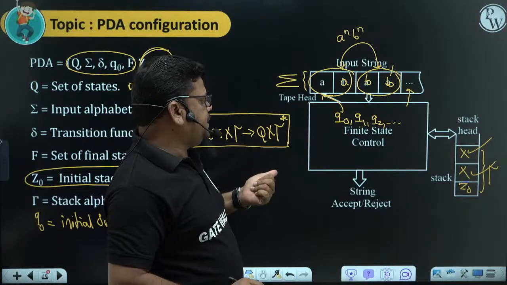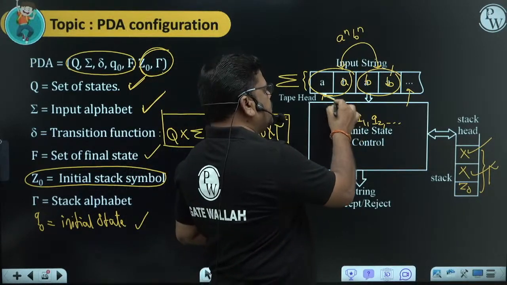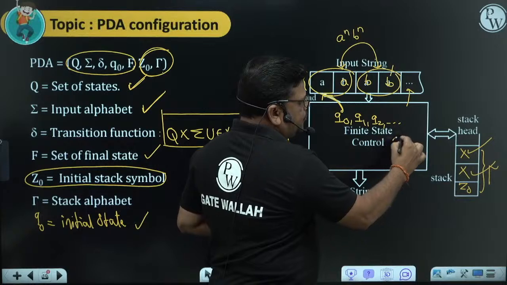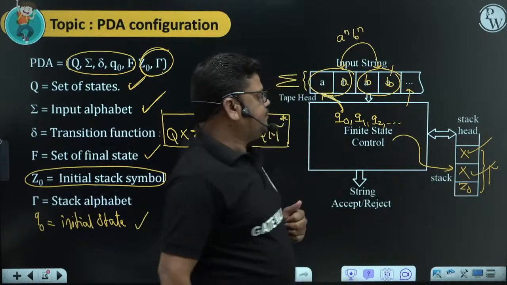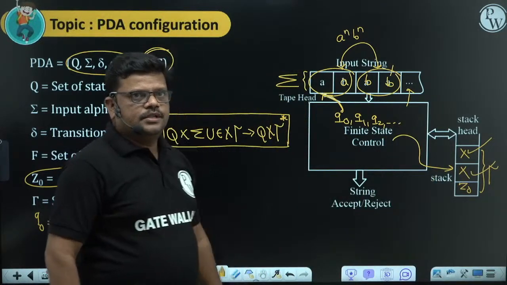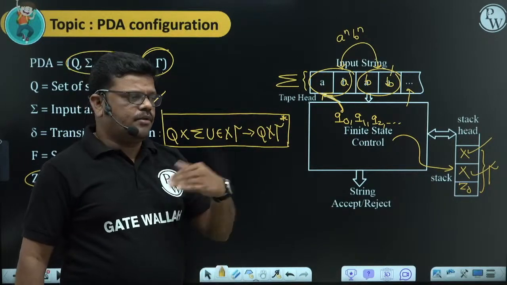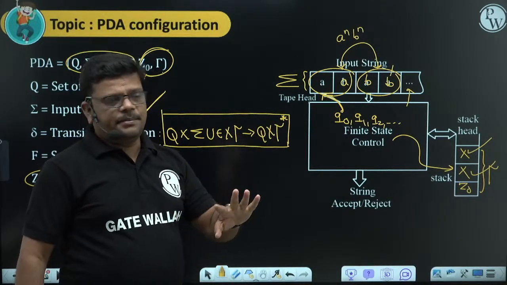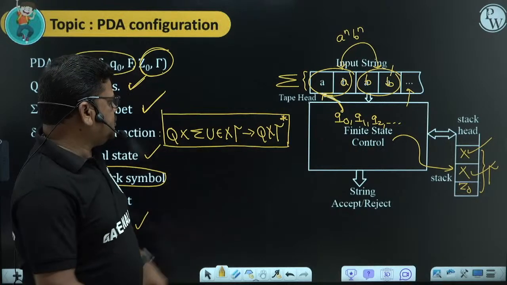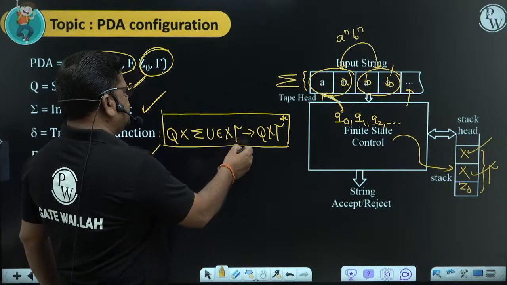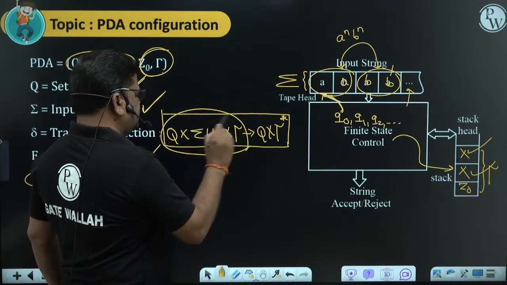But whenever you say PDA, from this state, by reading this symbol, at that time, what is the top of the stack? So based on three things, it will take the decision. It has to perform push or pop. The decision will be taken based on three things. That's why, see the formal definition, visualized like this.